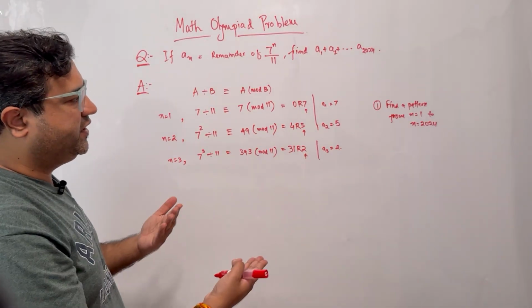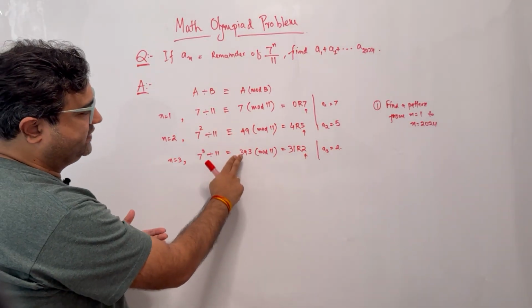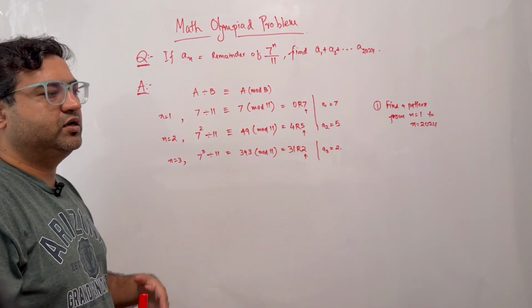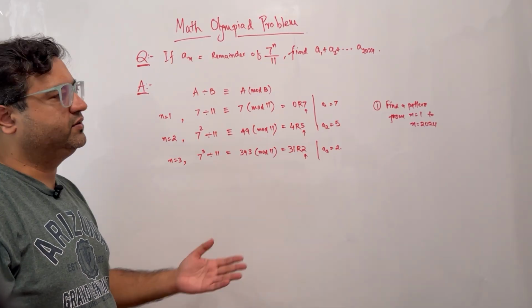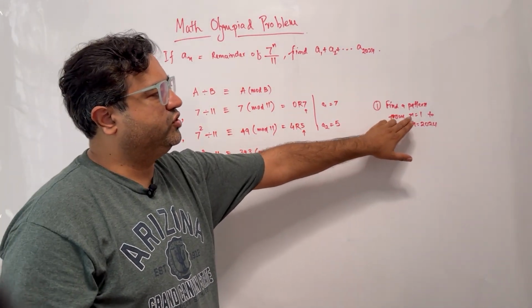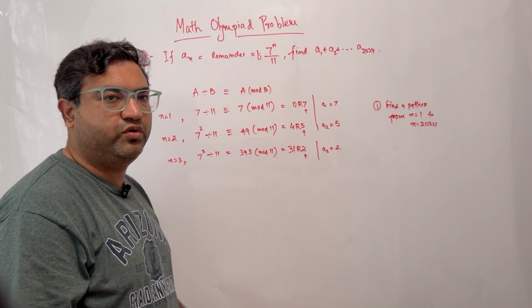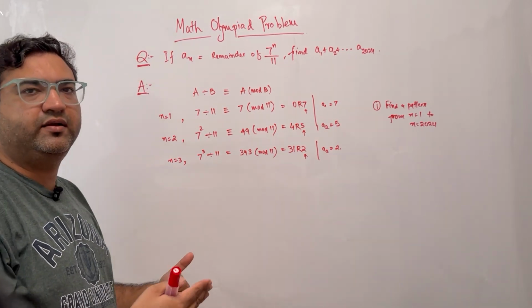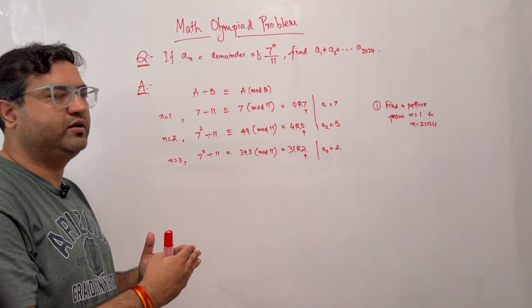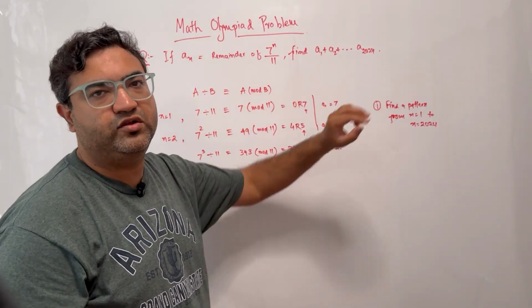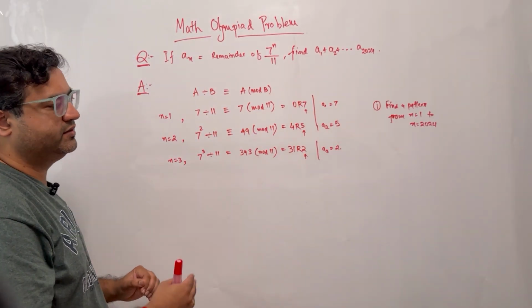Is there an easy way to do that instead of multiplying by 7 and 7 and 7? So essentially we have to find a pattern from n equals 1 to n equals 2024 which is repeating, so that we can easily calculate all the individual values of a sub n.